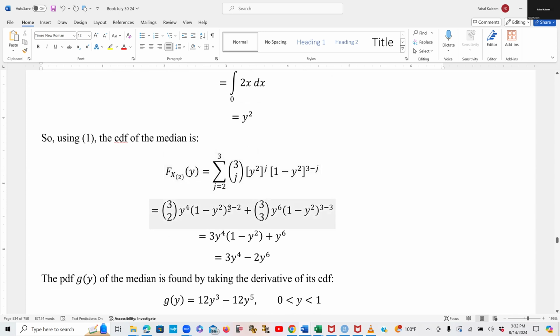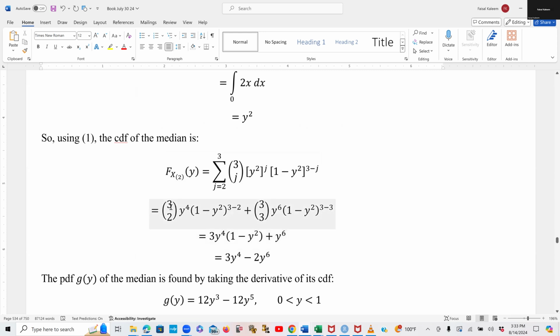Now we open up this summation. When j is 2, the lowest value, we have 3 choose 2, and 2 times 2 is 4, so y^4, and then 1 minus y squared to the power 3 minus 2, which is 1, so just 1 minus y squared. When j is 3 in the second term, 3 choose 3, y to the power 3 times 2, which is y^6, and 1 minus y squared to the power 3 minus 3, that's 0, so it is just 1. 3 choose 3 is 1, so we get y^6 from the second term.